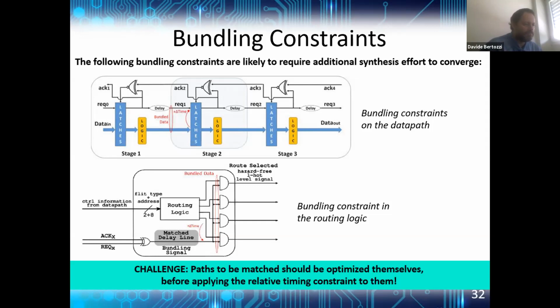And this kind of baseline for the relative timing constraints is known only at synthesis time. While the synthesis is actually taking place, I am fixing the value of these baseline data path lines or control path lines, and therefore it's easy to understand that if I want to enforce relative timing constraints on them, I need to go for an iterative synthesis methodology.